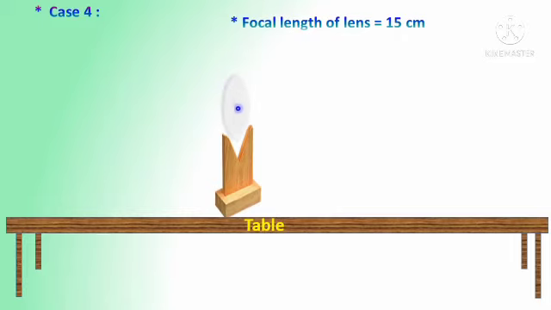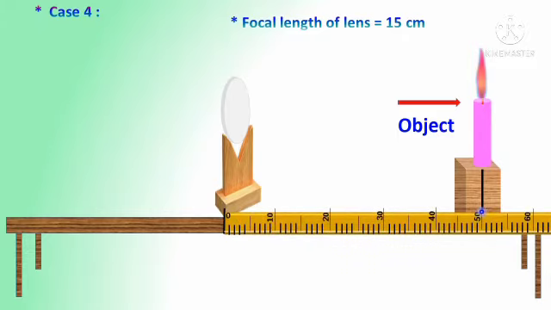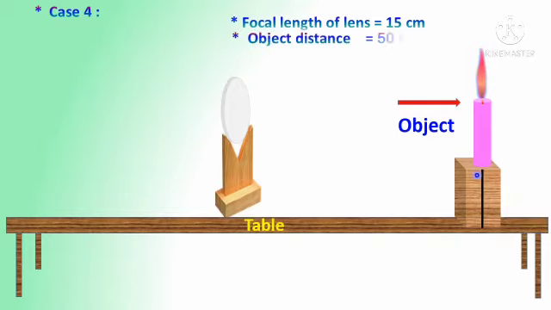Next case, same as before, focal length of the lens is 15 centimeters. Take the table, arrange the V stand and convex lens. Next, take the object. The distance between lens and object is called the object distance. Now 50 centimeters. Object distance small u equals 50 centimeters. Then we want the screen.